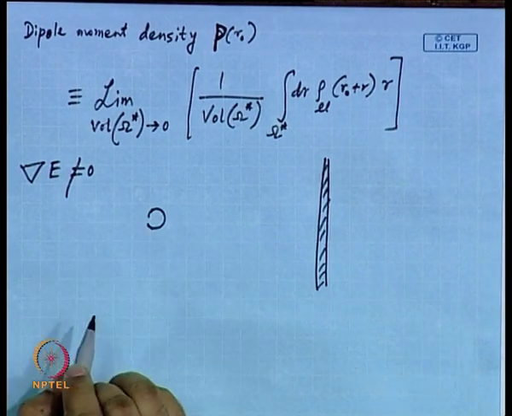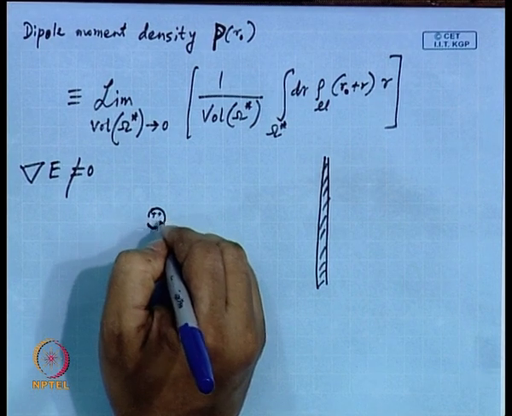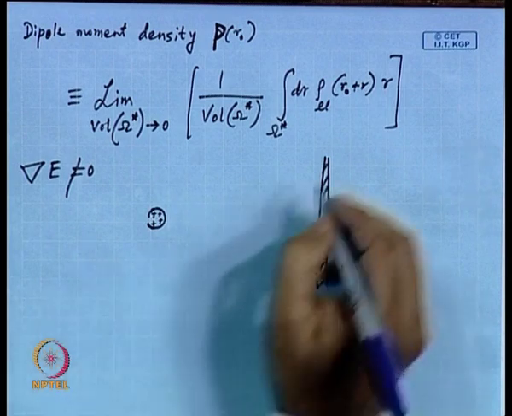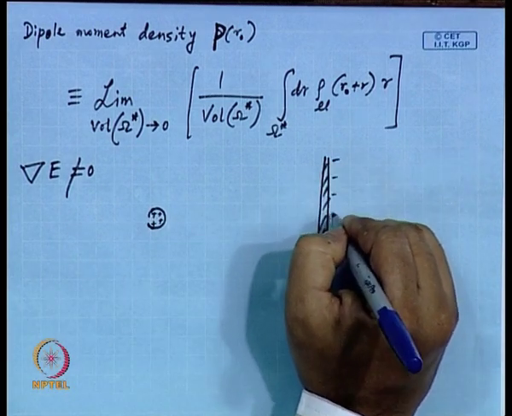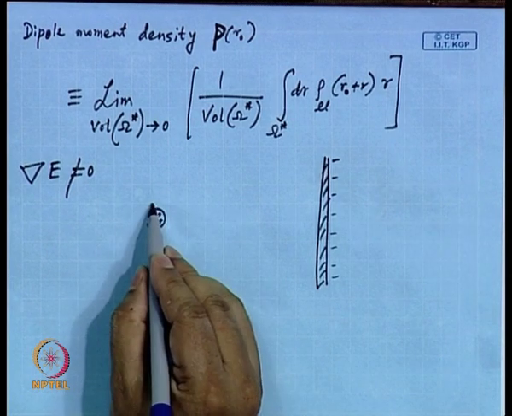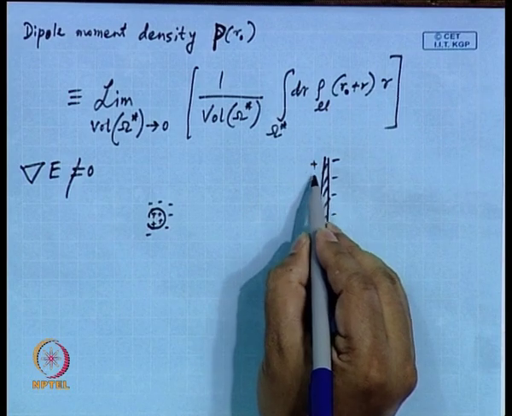This is a point electrode and this is a planar electrode. So, you have the plus and the minus. Okay. So, you will be pulling charges here.